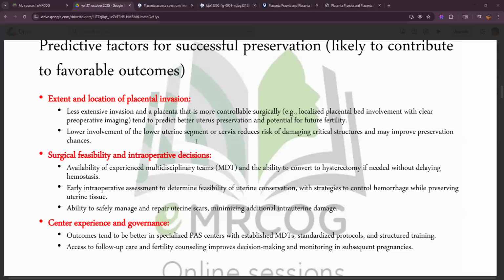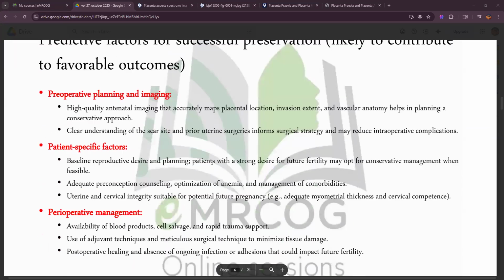But if it is not invading the bladder and is in the lower uterine segment only or the cervix only, this is good. We can do a dissection and manage the hemorrhage with management techniques, and we can see what will happen. So it depends on the invasion.